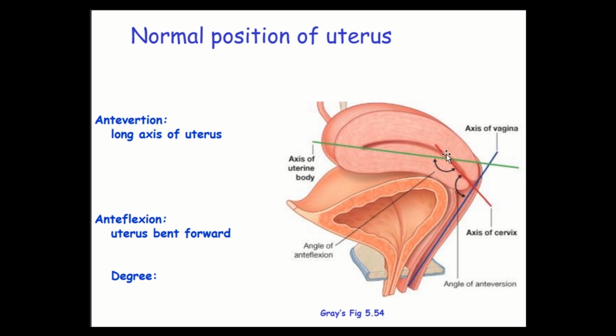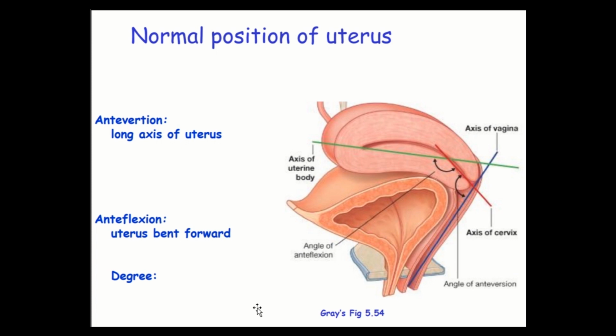So in other words, this is the long axis of the cervix, of the cervical canal. This is the long axis of the vagina, and there's a bit of an angle forming over here. This is the angle of anteversion, and we say that the cervix is anteverted on the vagina. So anteflexion of the uterus on the cervix and anteversion of the cervix on the vagina is the normal positioning of the uterus and the cervix.